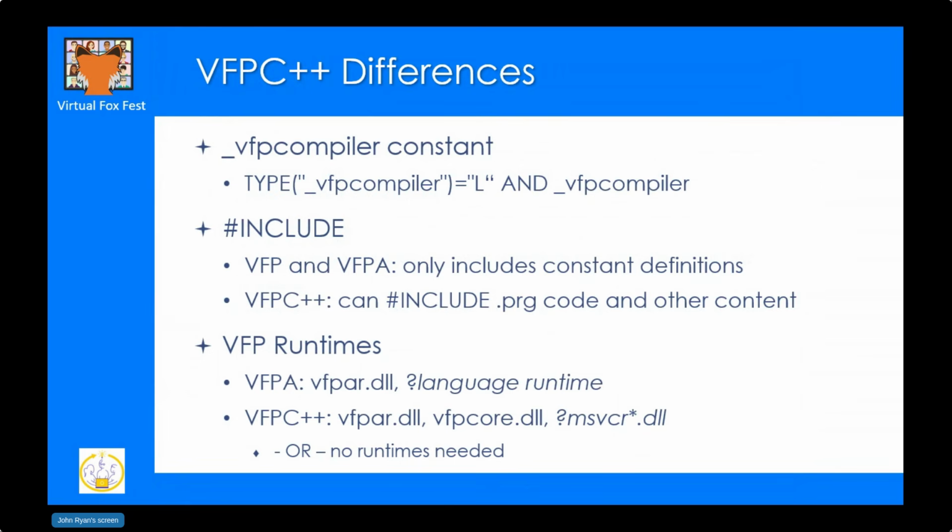And as we move along, there are some differences that are worth bearing in mind. So I don't think even all VFP old-timers may be aware that when your application's built with VFP C++ compiler, there is a VFP compiler constant. It's not present in VFPA at the moment or in VFP 9, so you've got to check using type or vartype first.